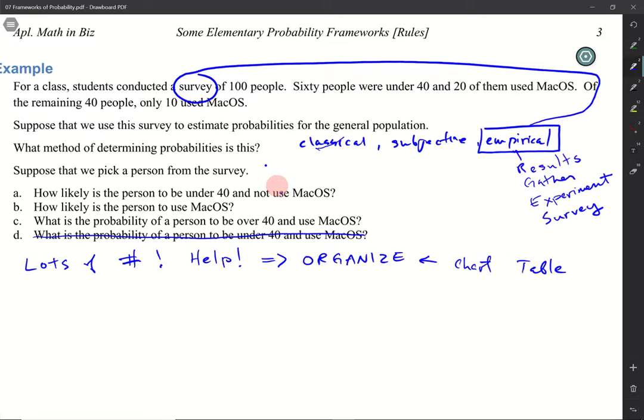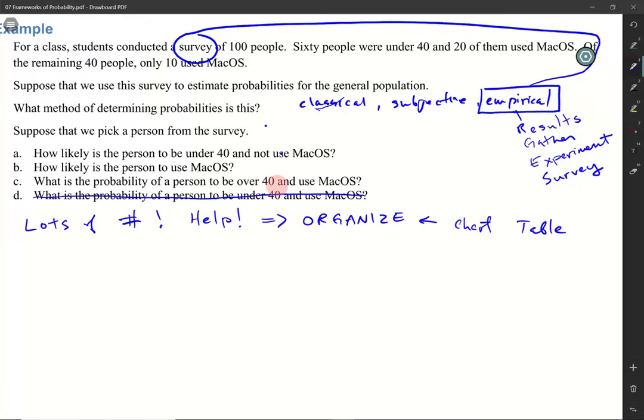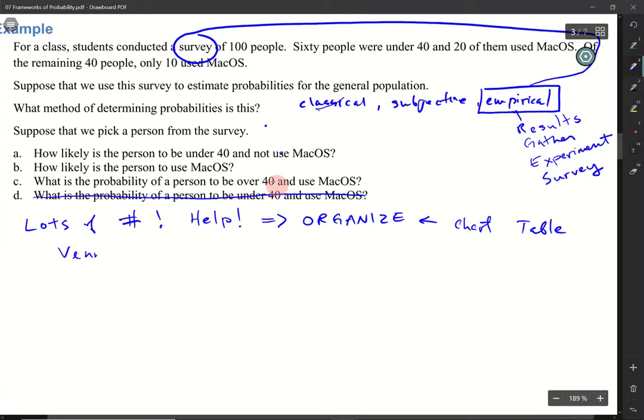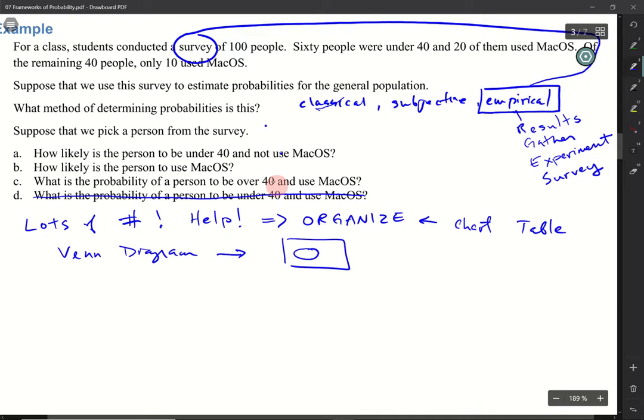So what kind of a chart or table should we try to set up? We could set up a Venn diagram. Right, and so the Venn diagram would look something like this. So how do we figure out the Venn diagram? Actually, let me tweak that a tiny bit, something like that, right?